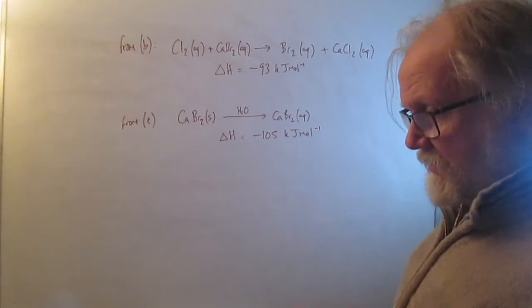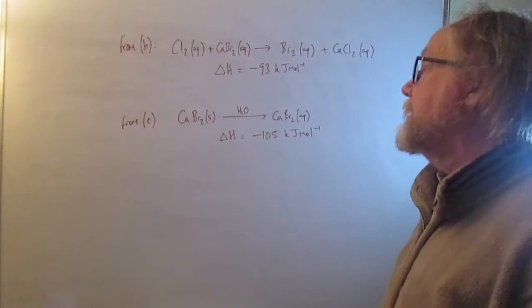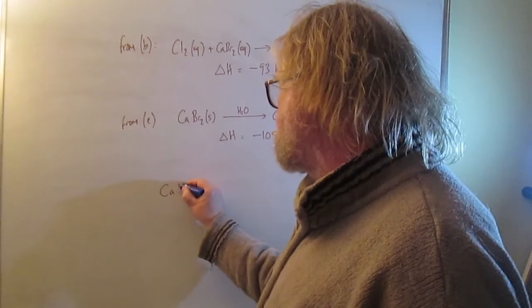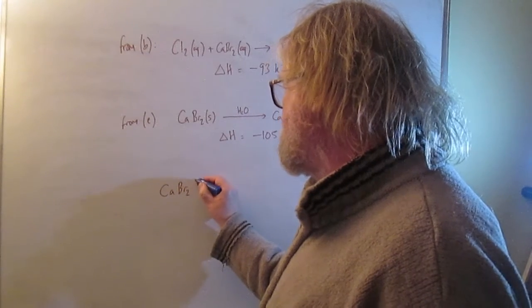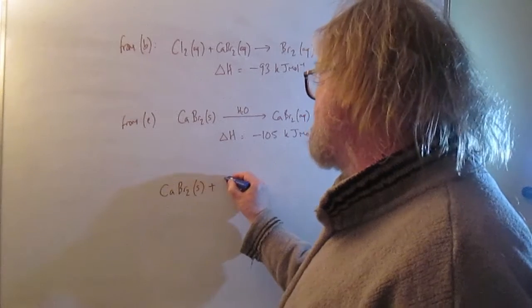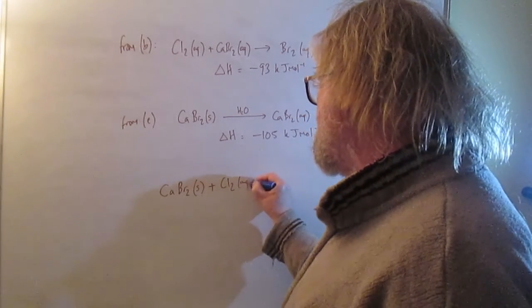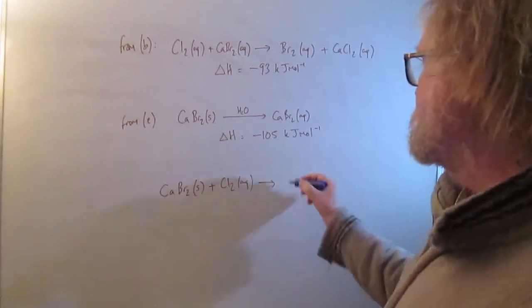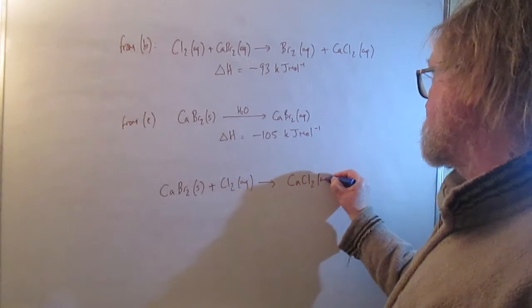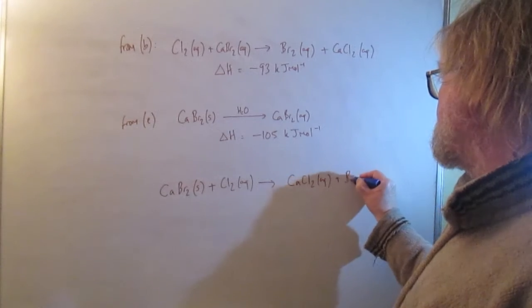But formally, the neatest way to show that is to draw a Hess's law cycle and say, right, our starting point is that we've got solid calcium bromide plus aqueous chlorine. Okay, and we're wanting to turn that into aqueous calcium chloride plus bromine.